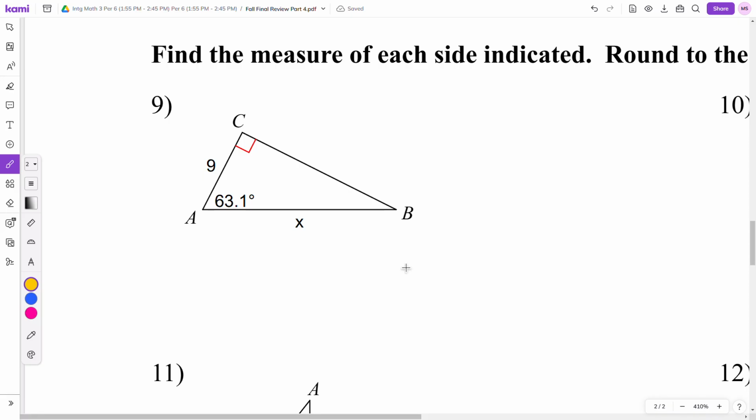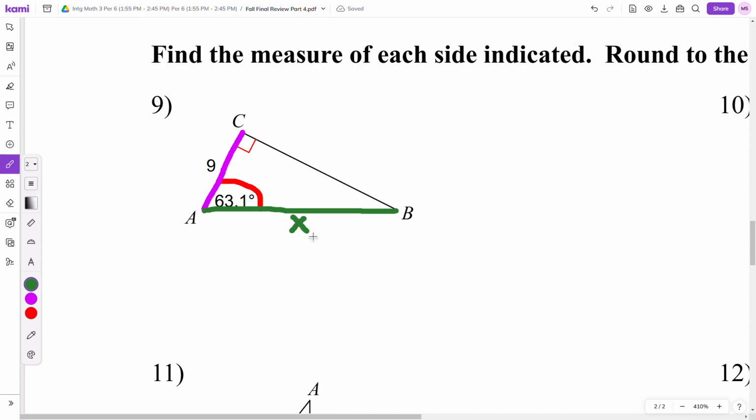All you have to do is set up the trig ratio. In other words, you look at what you know and then you write one based on what you have. What I mean is, we have an angle given, and according to that angle, we have an adjacent side, which is this one right here, and we have a hypotenuse, which is this side right here.